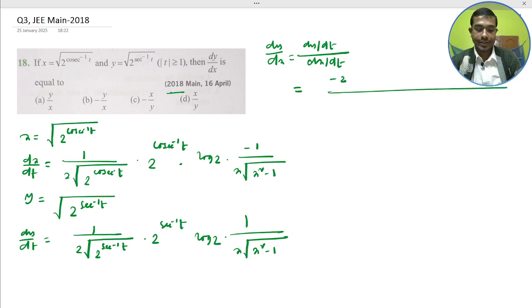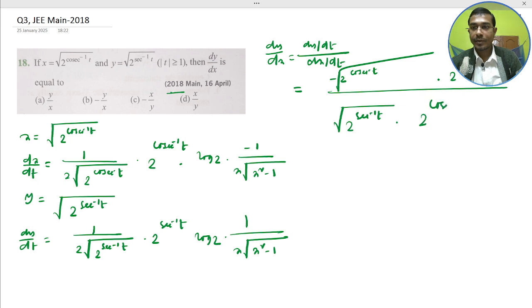So minus root over 2 to the power cosec inverse t into 2 to the power sec inverse t, divided by root over 2 to the power sec inverse t into 2 to the power cosec inverse t. That would become what?